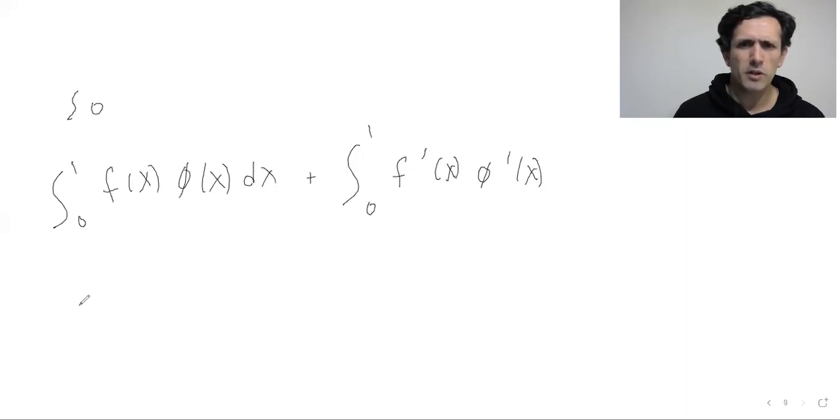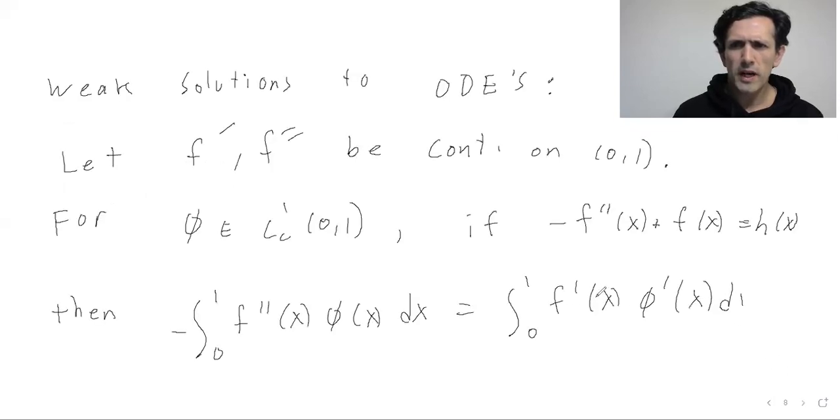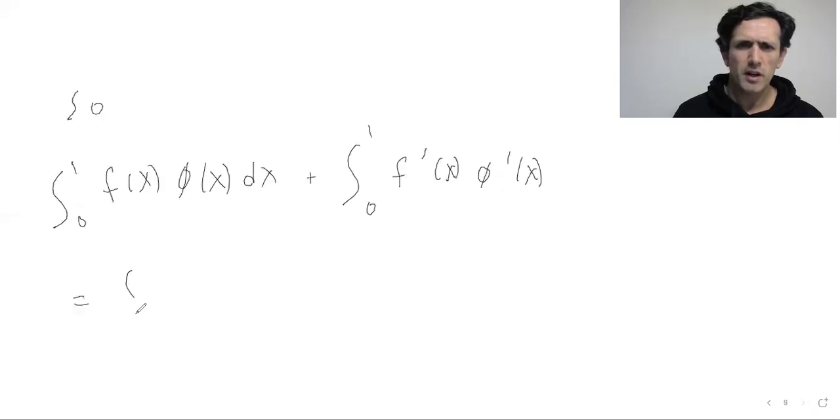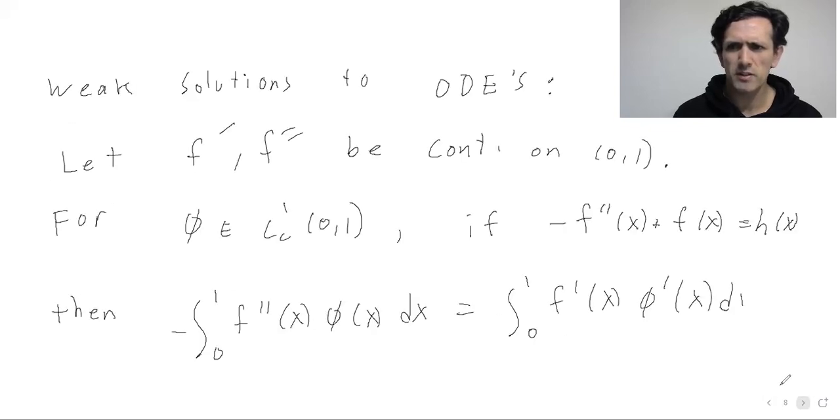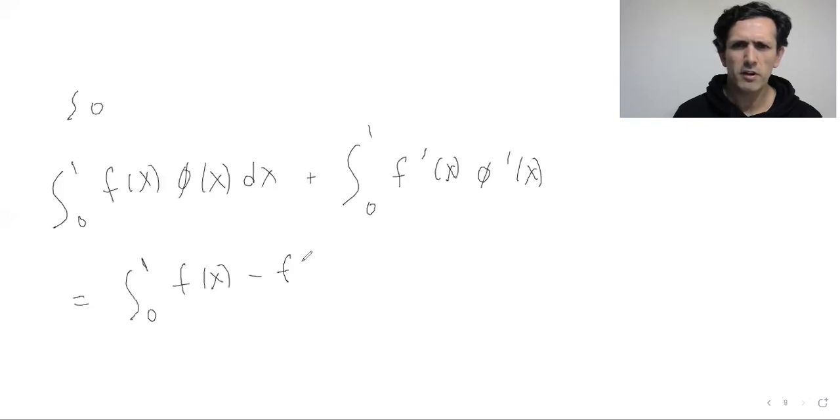Okay, so this is going to be equal to, well, again, this is going to be minus, let me write it like this, the integral from 0 to 1 of f of x. Yeah, sorry, minus f second prime of x. A little brain fart there. Sorry about that. Well, all times phi of x.